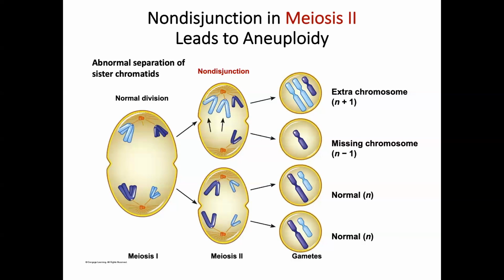Shown in this slide, meiosis 1 is normal, but in meiosis 2, non-disjunction occurs in one cell, producing two cells with abnormal haploid number: one cell with an extra chromosome, and one cell with a missing chromosome.